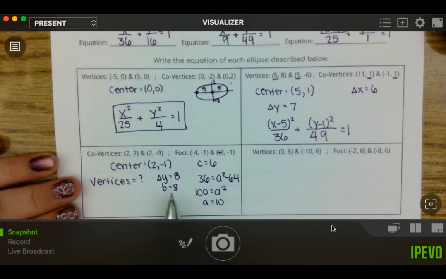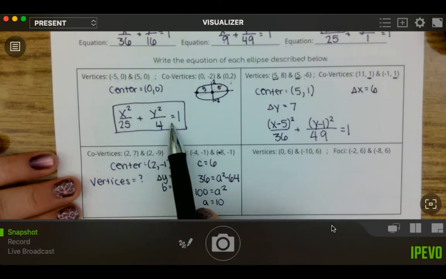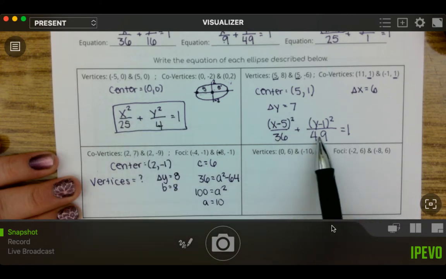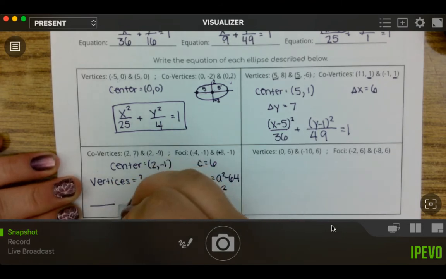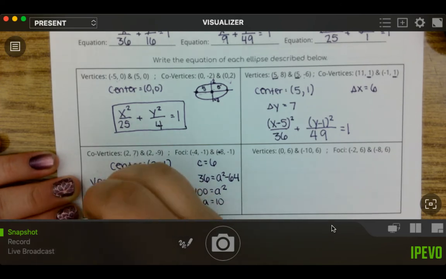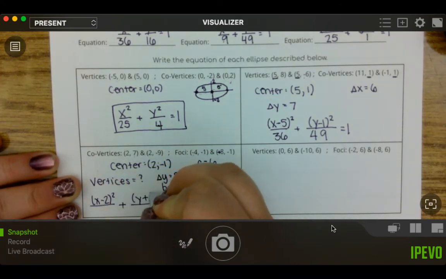I need a, I need b, and I need my center. Because it goes pretty much a, b, center goes up here. B, a, center goes up here. So for my center, this is going to turn into x minus 2 and y plus 1.